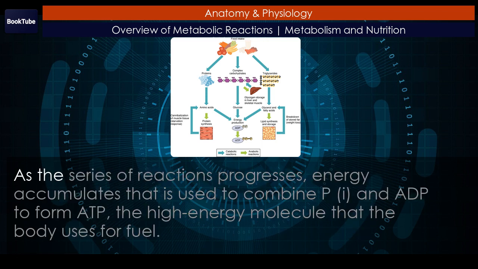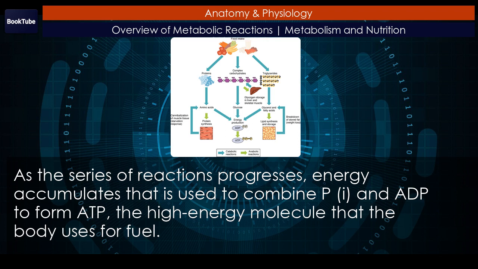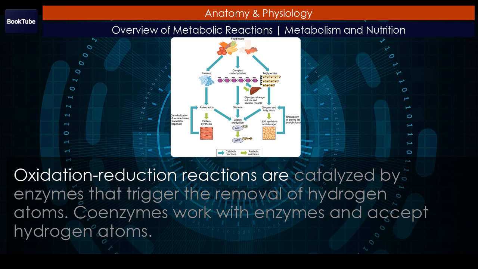As the series of reactions progresses, energy accumulates that is used to combine Pi and ADP to form ATP, the high-energy molecule that the body uses for fuel. Oxidation-reduction reactions are catalyzed by enzymes that trigger the removal of hydrogen atoms. Coenzymes work with enzymes and accept hydrogen atoms.